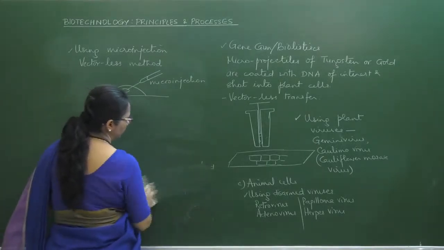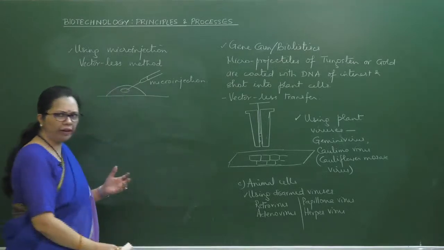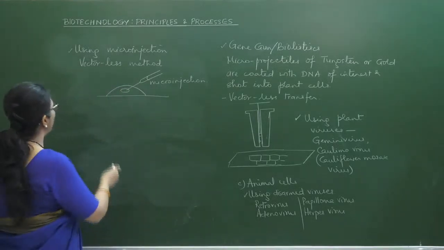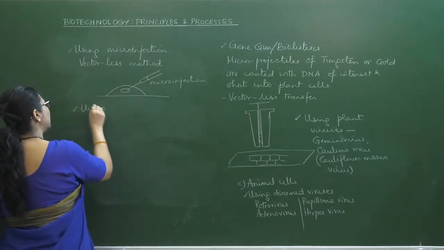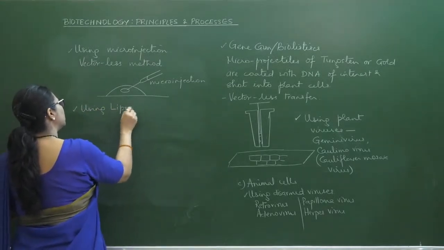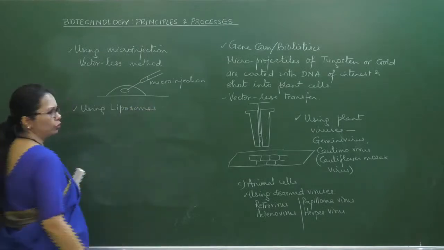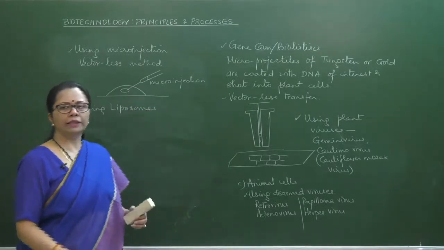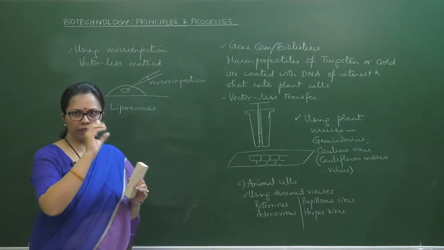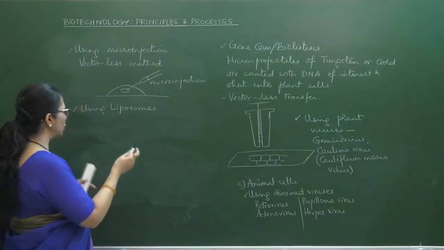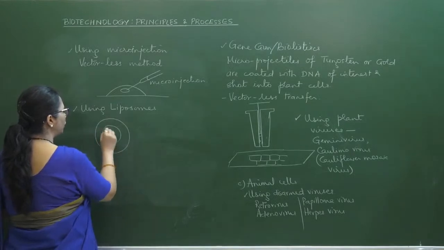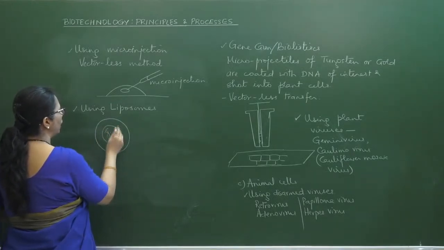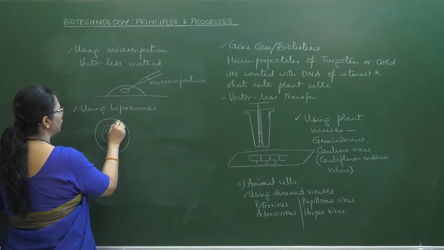Then, although it's not there in the NCERT, you can know about it, that is also a vectorless method, using liposomes. Now liposomes are simply vesicles. Vesicles, you know, is a small bag-like structure, and in this bag the DNA of interest can be loaded. The DNA is here, and this vesicle is lined by a phospholipid bilayer.